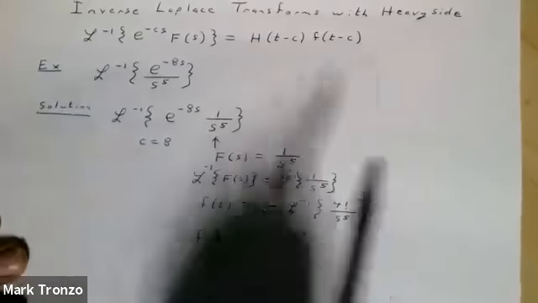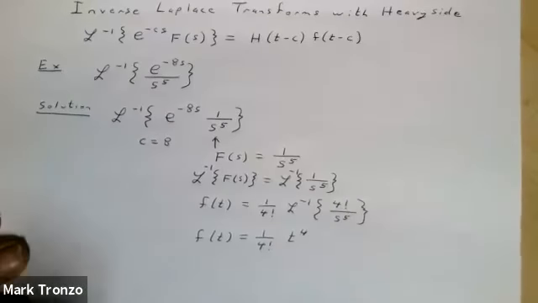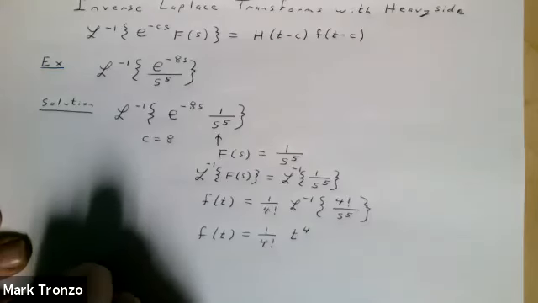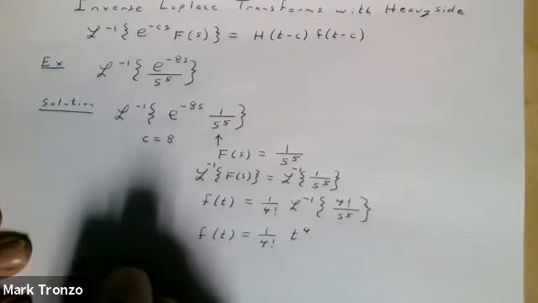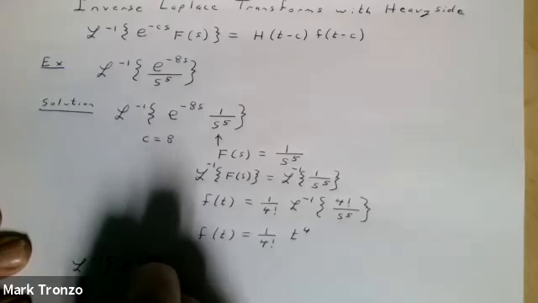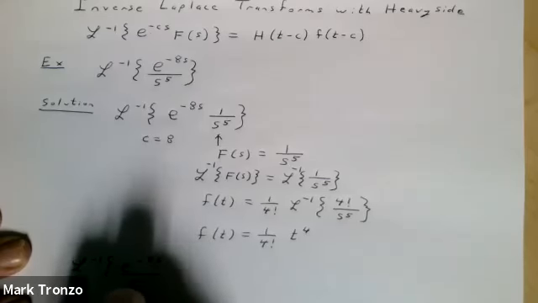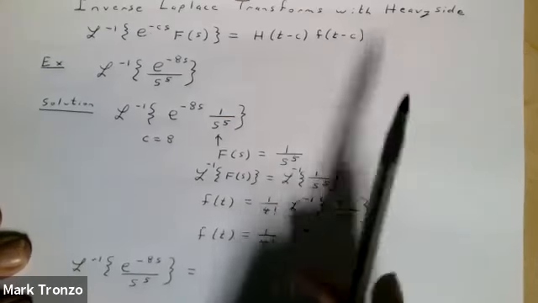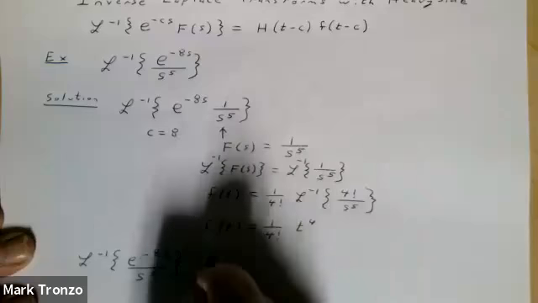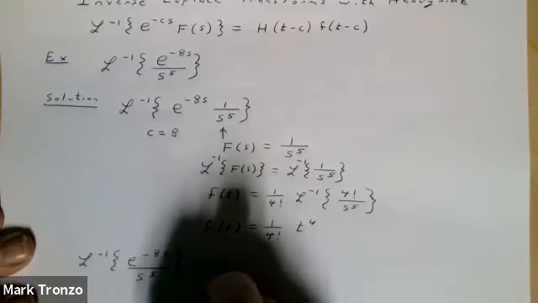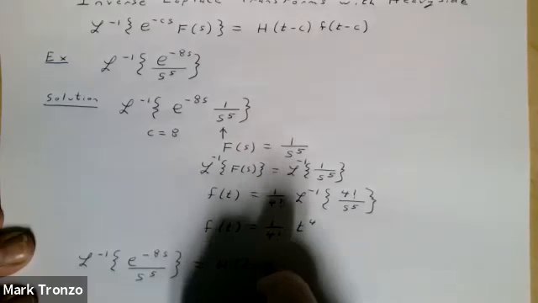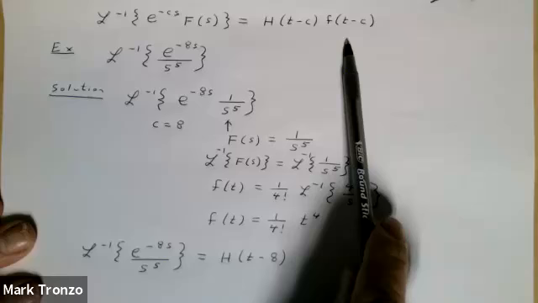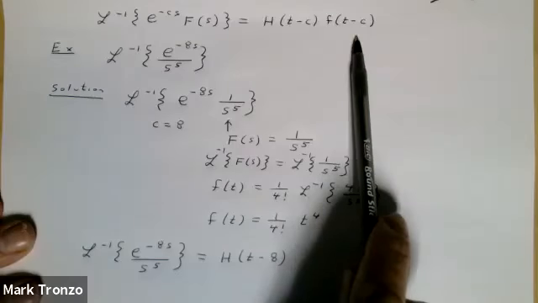So now we have everything we need to apply our theorem up here. So we can say the inverse Laplace transform of e to the minus 8s over s to the fifth is going to be equal, according to this, to h of t minus c, and we said that c was 8, times our function f of t with t replaced by t minus c.